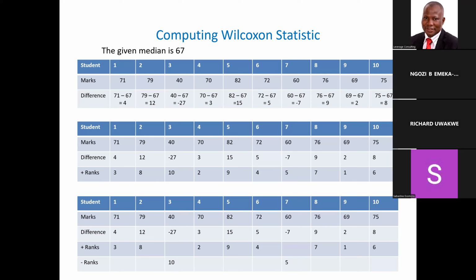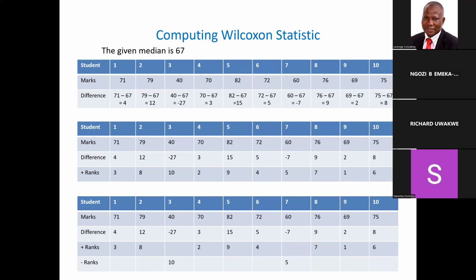After you are done with that, in the last table you now separate and sum the ranks that are positive and the ranks that are negative. The differences that are negative are 27 and minus 7.